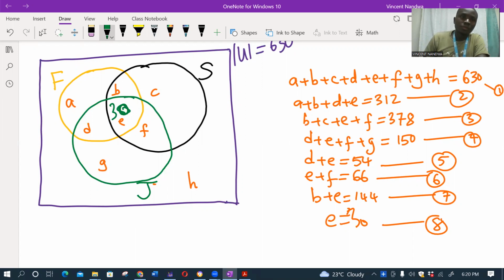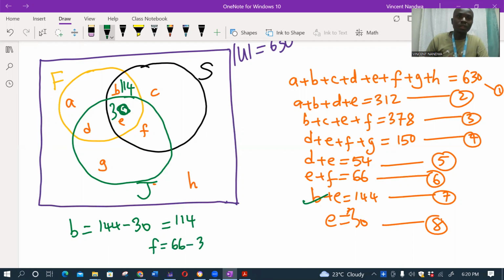B plus E is 144, so B will be 144 minus E, which is 30. So 144 minus 30 is 114. So we fill B with 114. E plus F is 66, so F will be 66 minus E, which is 30.